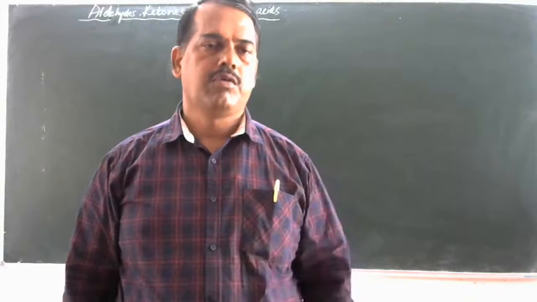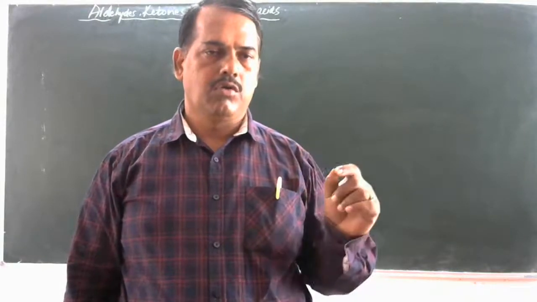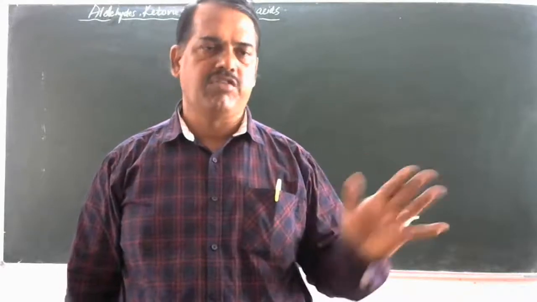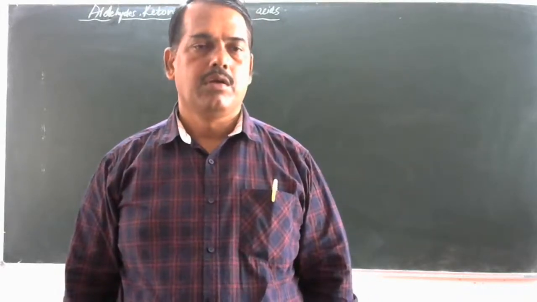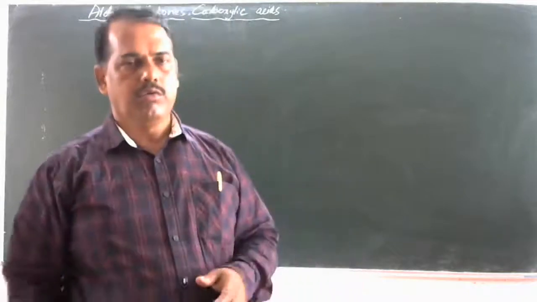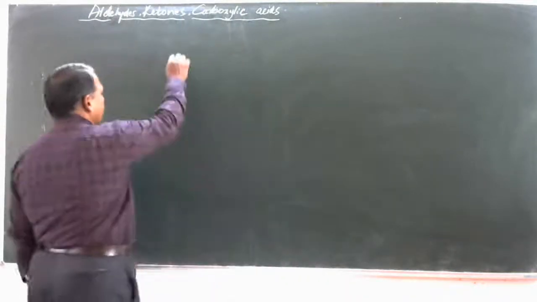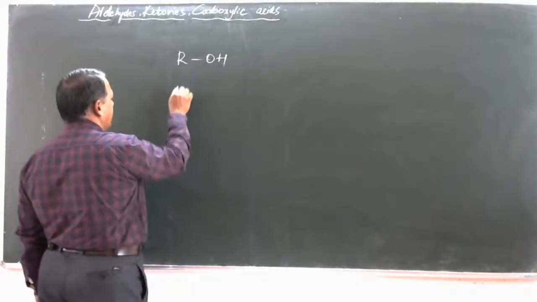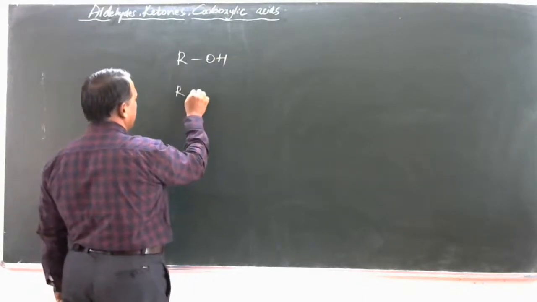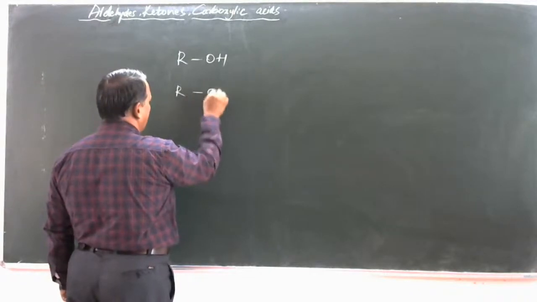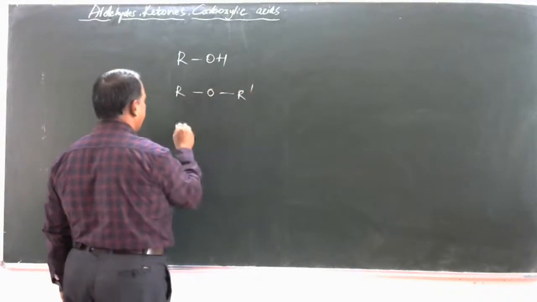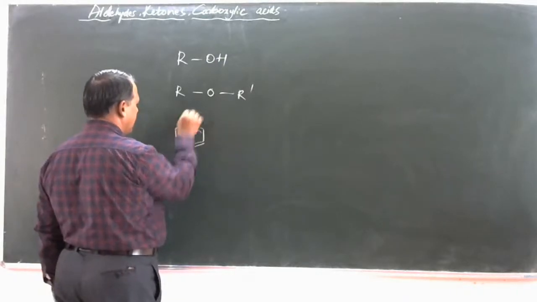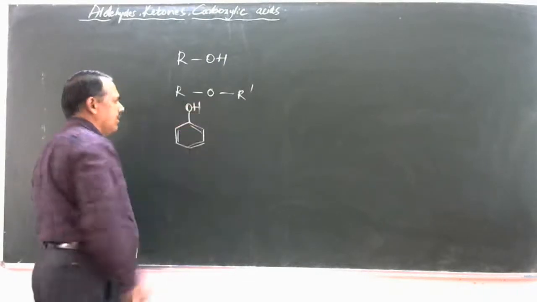Dear students, for alcohols, phenols, and ethers, we shall have some revision. Alcohols have the functional group R-OH, ether is R-O-R', and phenol is a benzene ring with a hydroxy group.